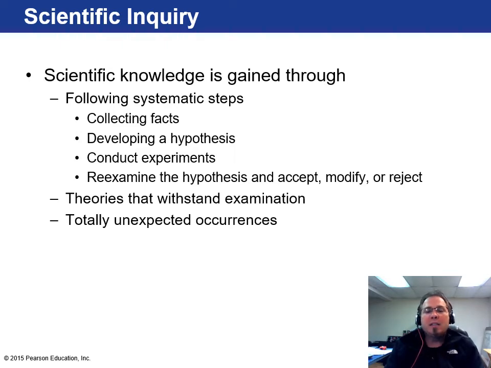Now, theories need to be able to withstand this examination. If you're going to create a theory on something, it needs to be able to be held up to scrutiny. And then sometimes you have totally unexpected occurrences where you might get a result you have no idea why you got it. And that's where this sort of reproducible science needs to be in place. Just because I got it to work doesn't mean everybody else can get it to work.